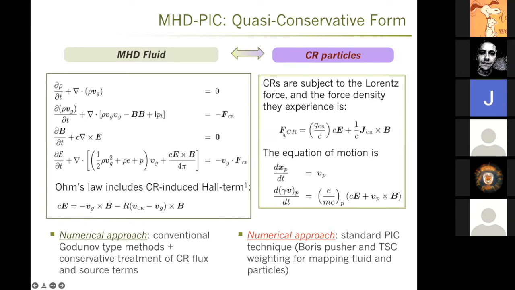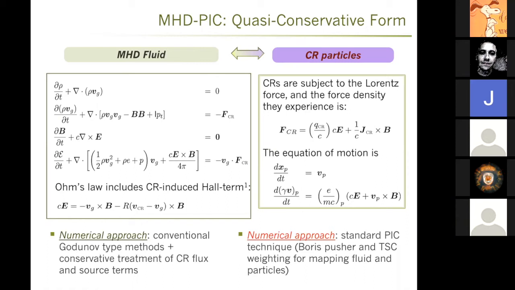The force felt by the particle is, of course, given by the Lorentz force: the electric field plus the gyration term along magnetic field lines. Conversely, the fluid is feeling the opposite, and this opposite force exerts work on the fluid. You have to consider fluid and particles as a single whole system. The total momentum and the total energy are conserved.